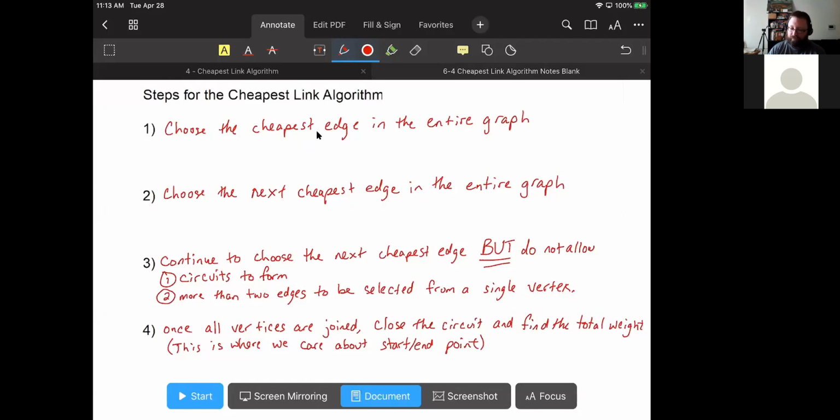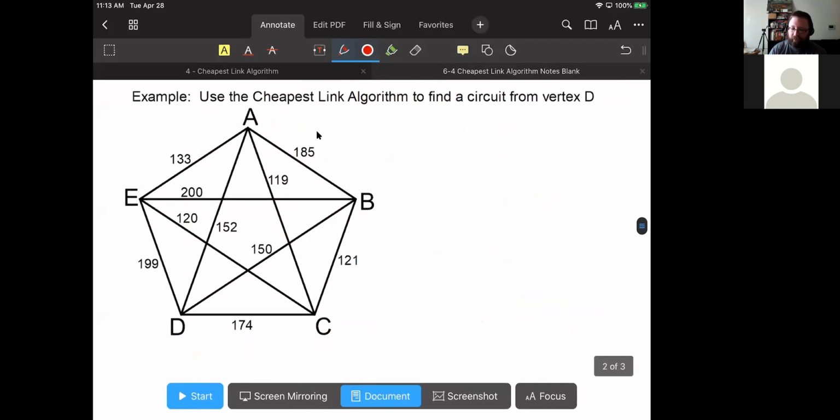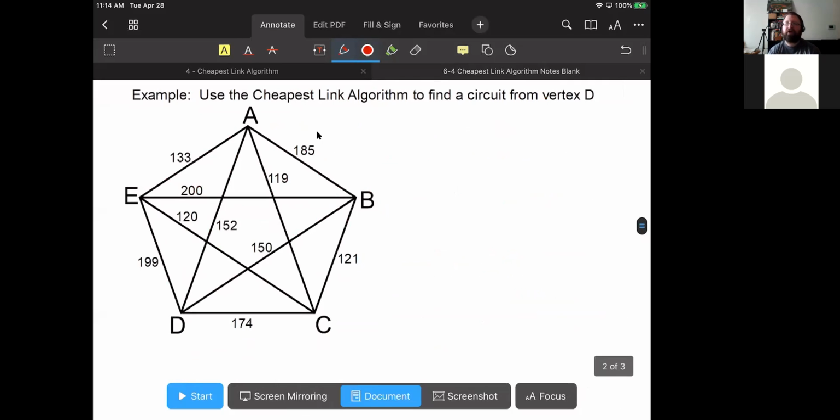Here we go. So we're asked to run the cheapest link algorithm to find a circuit from vertex D. And again, we don't really care about where we are starting this vertex from, because when we run the cheapest link algorithm, we ignore the starting point, okay? So we're going to start by choosing the cheapest edge.